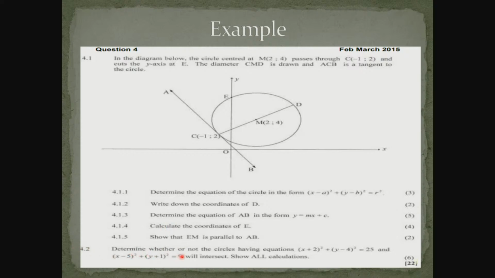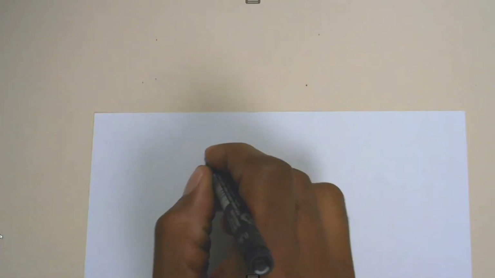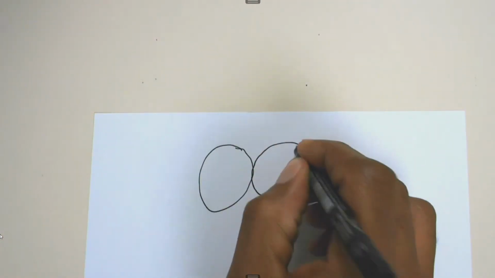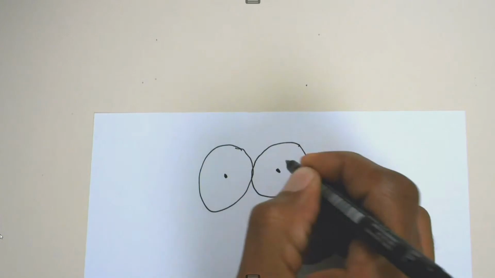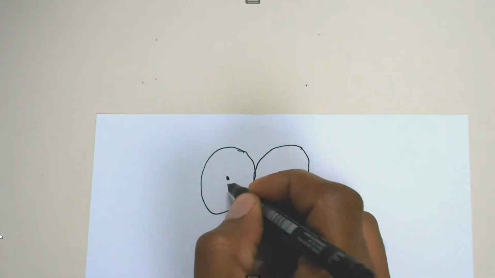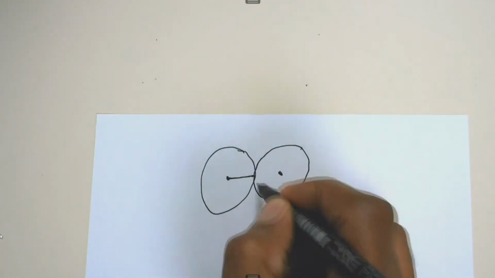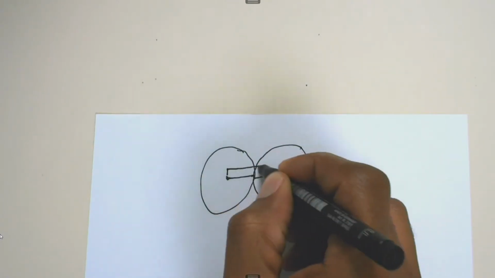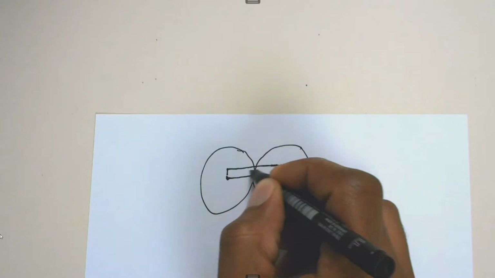Okay, right, and then the other one that we have now is 4.2. We must indicate whether or not the two circles with the given equations will intersect, showing the calculations. What's important here is if the two circles intersect, this is what we are having here. We have the center, that side, so this is the radius on this side, and we also have the radius on that side. We also have the distance of the two centers.